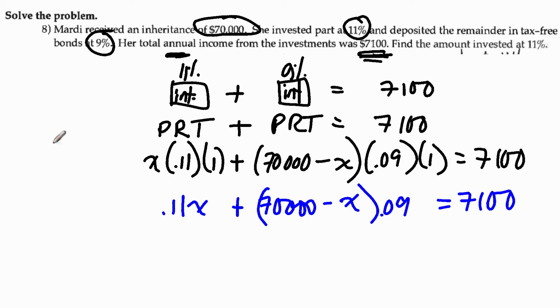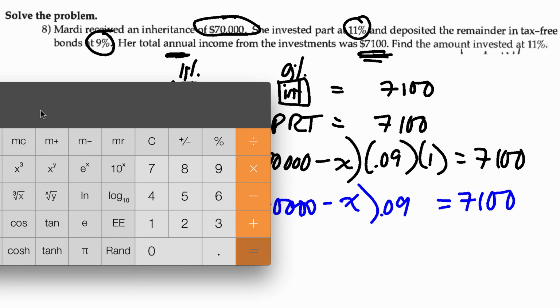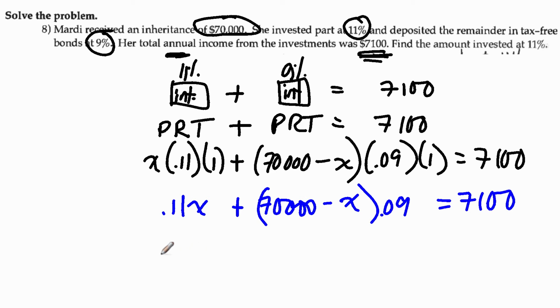So 70,000 times 0.09, I've got to figure that out. 70,000 times 0.09 is 6,300. So 0.11x plus 6,300 minus 0.09x is equal to 7,100.